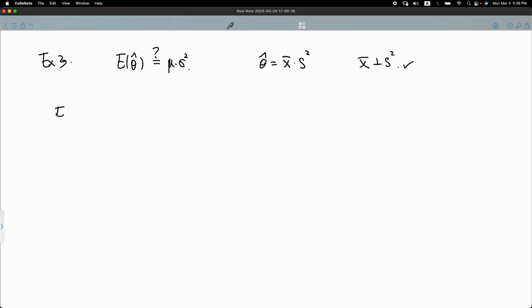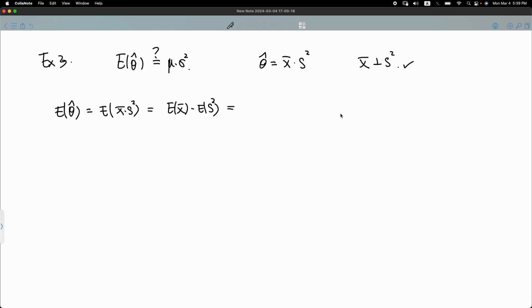Again, the expectation of theta hat: we plug in the definition of the estimator, X bar multiplied by S squared. Because they're independent, we can write it as a product: the expectation of X bar times the expectation of S squared.